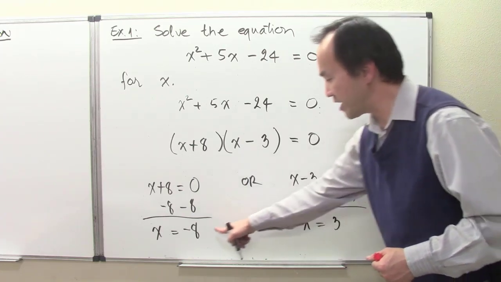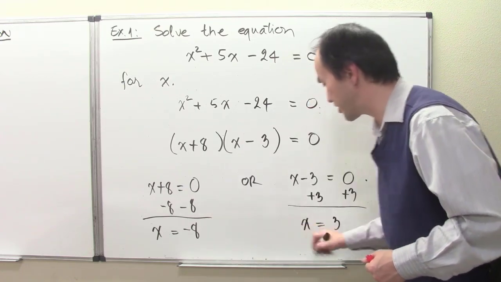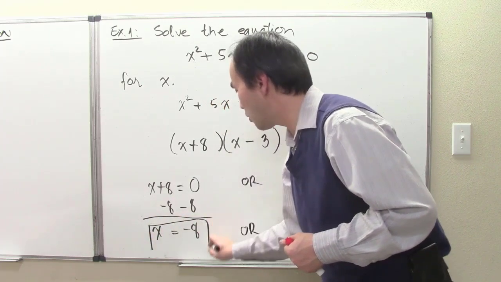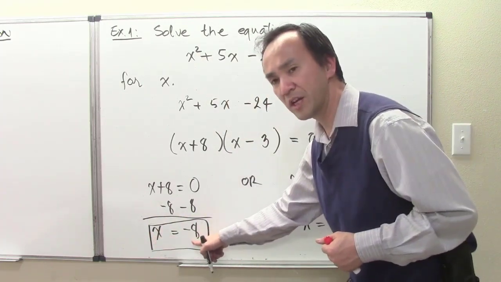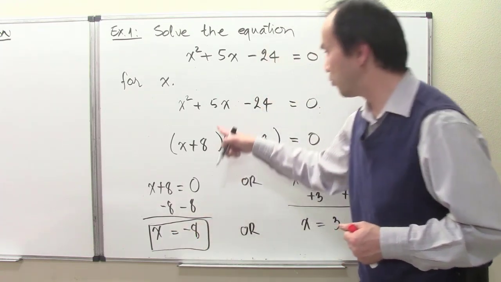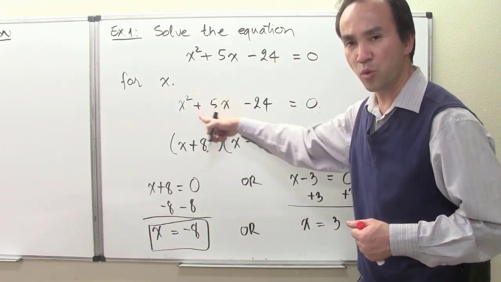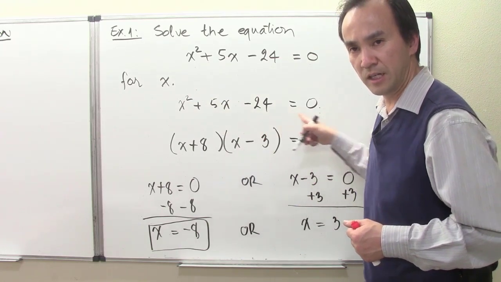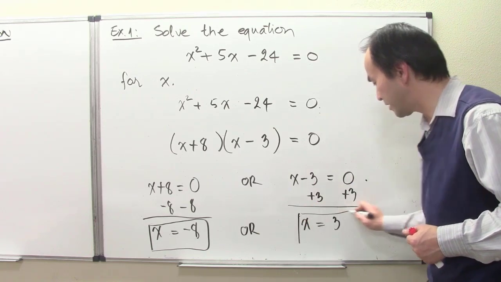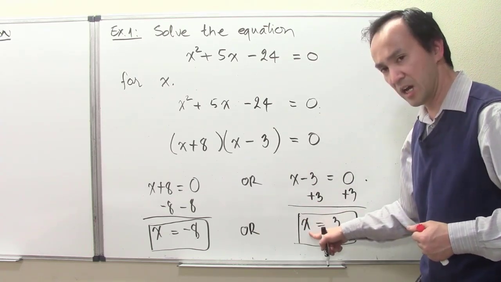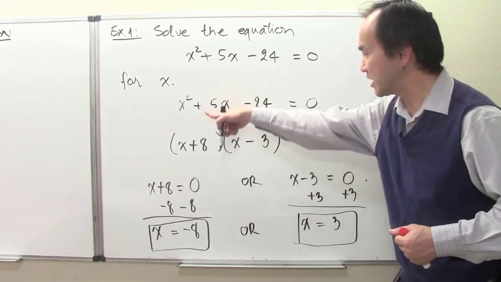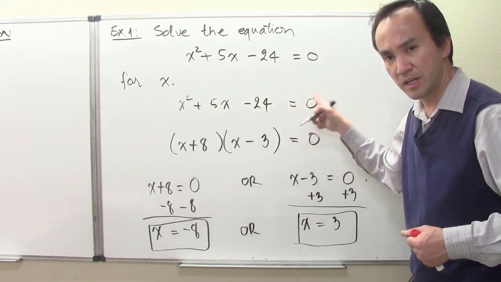Reading these two equations, on one hand, x, the unknown, equals minus 8 will make x squared plus 5x minus 24 equal 0. Or on the other hand, x may equal 3 to make the left-hand side x squared plus 5x minus 24 equal 0.